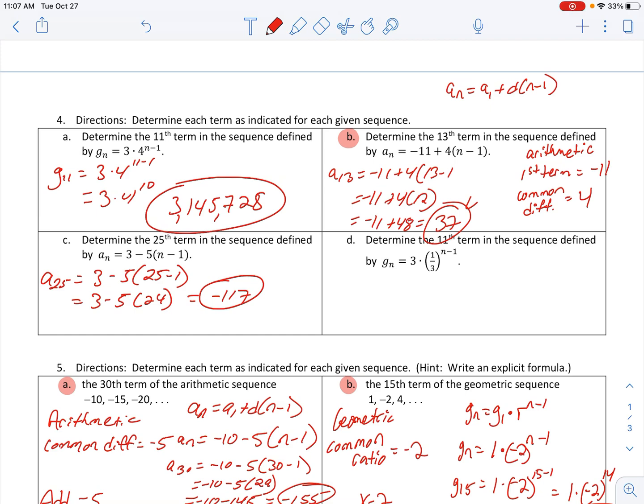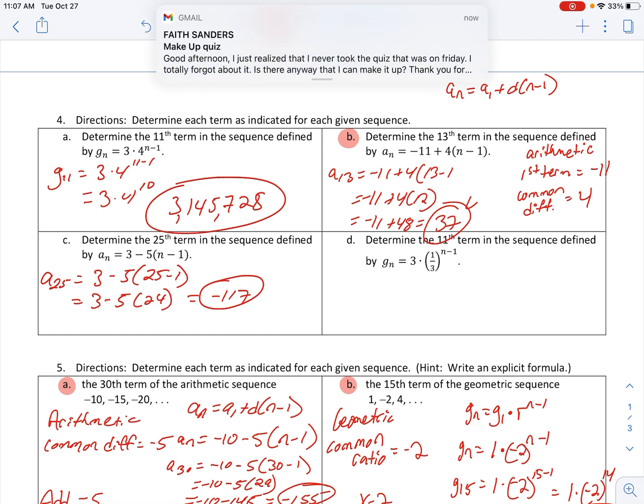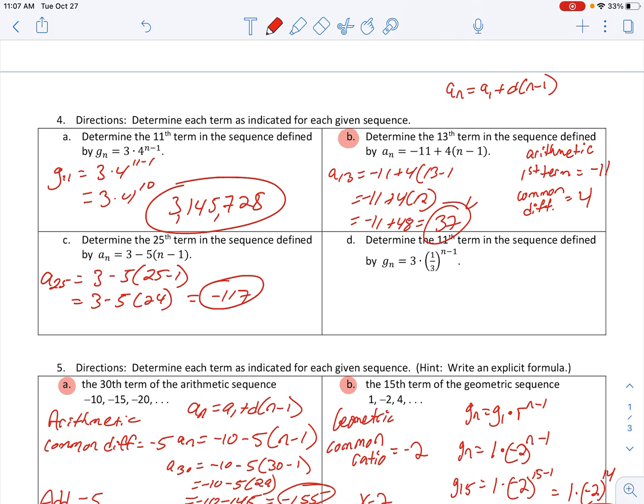Now letter D turns out to be not stellar to work with because of that fraction going to the 10th power. So the answer on that one, let me just set it up for you. It's just not an easy one to necessarily work out because of this fraction. This is basically where we want to get to, if you could realize all this right here.